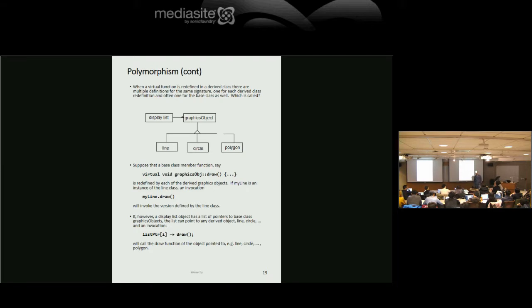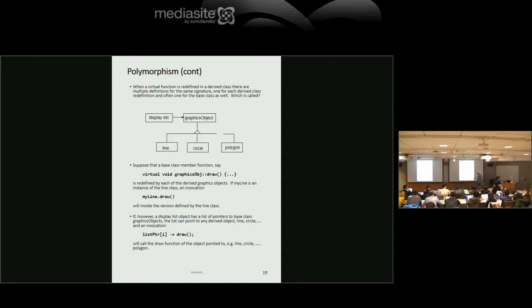If it's not virtual, there's no virtual function pointer table. There's no slot in the virtual function pointer table for that function. So if I use a base class pointer, for a non-virtual function, guaranteed I'm going to get a base class function, even though you define that function in your derived class.